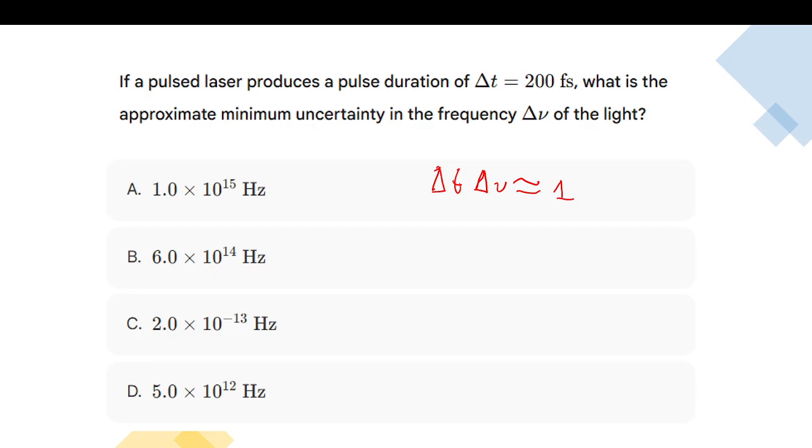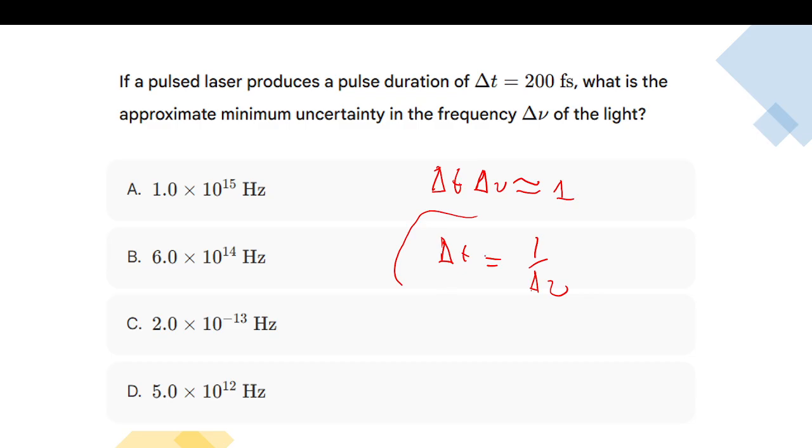According to the uncertainty principle, the frequency spread is inverse to the pulse duration. So del t is 1 by del nu.